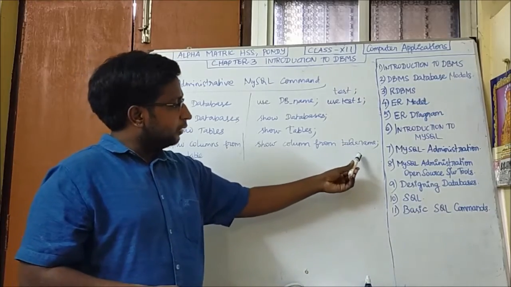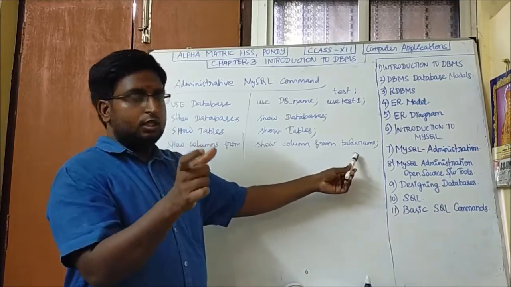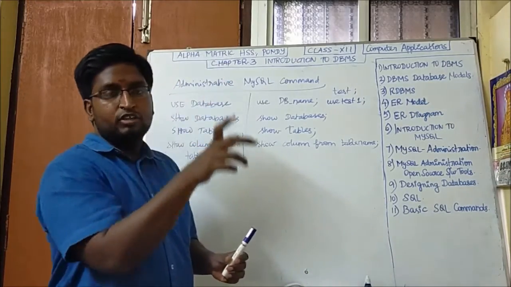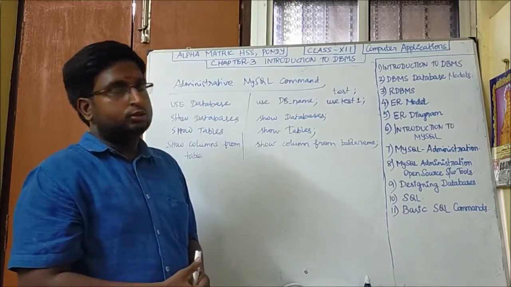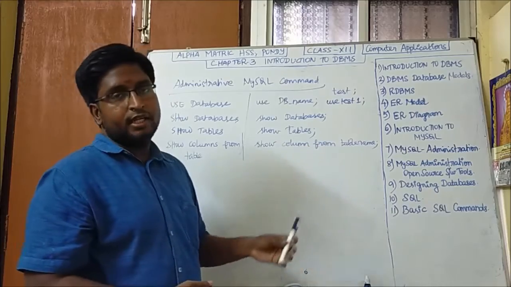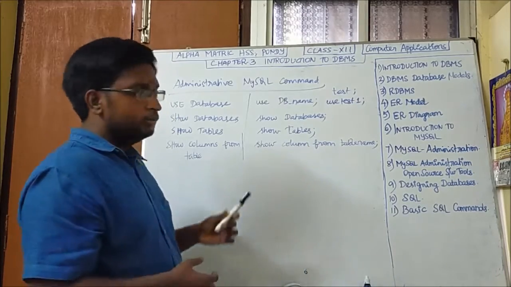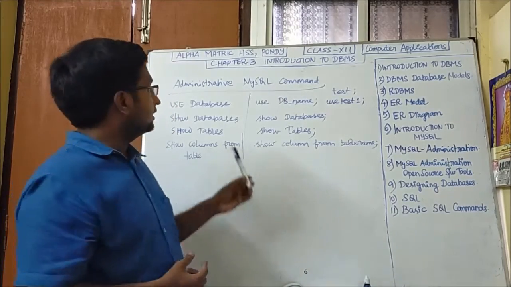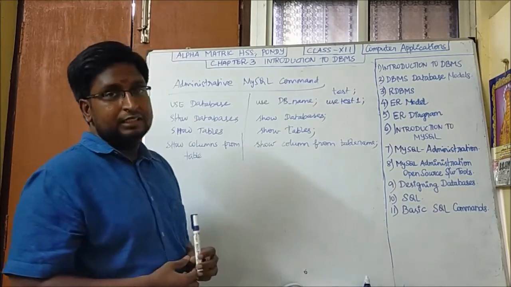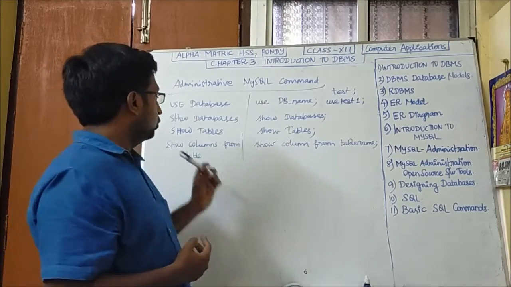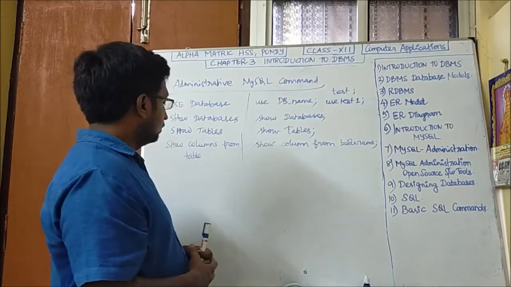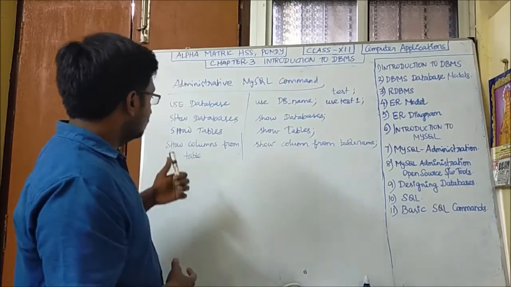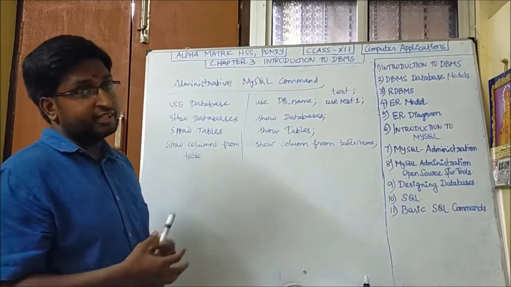From a specific table, we can get the columns available and the field types we have used. All these details we can get using the show columns from table command. These are the major four commands, and the other two commands available are show index from table and show table status.